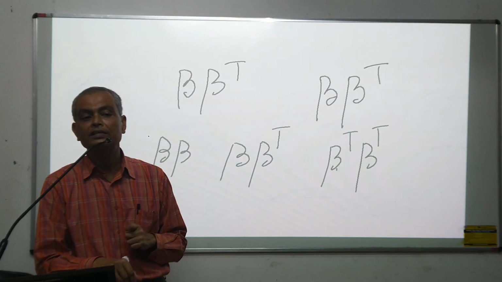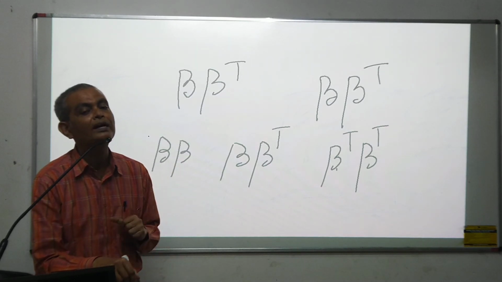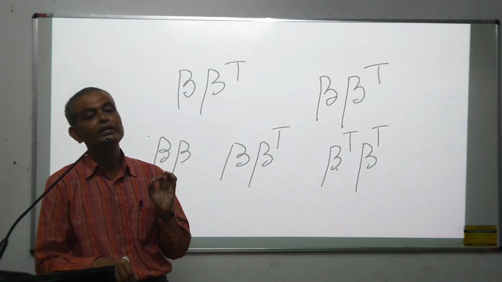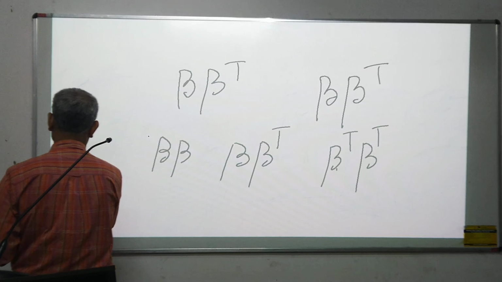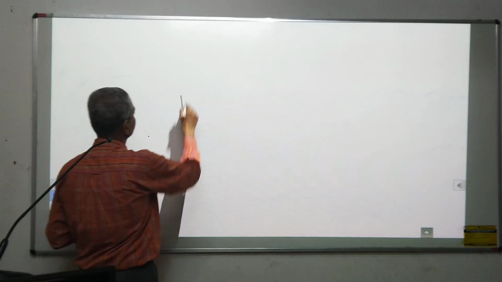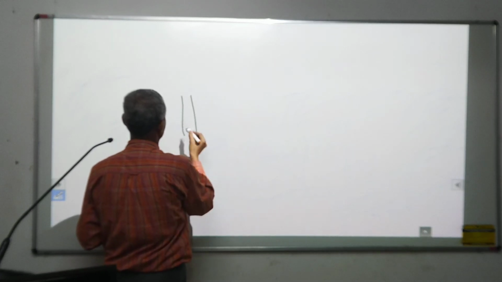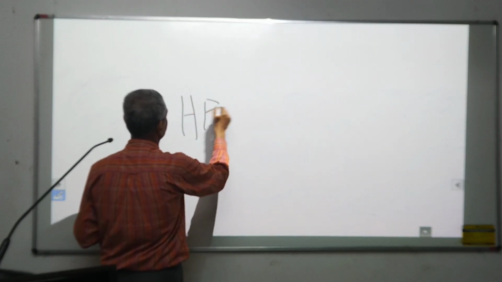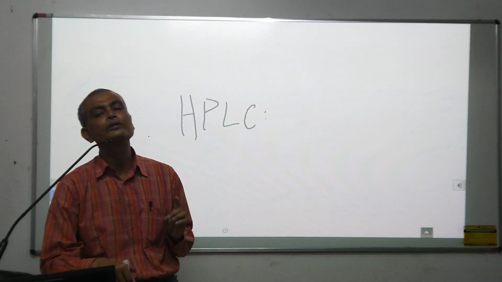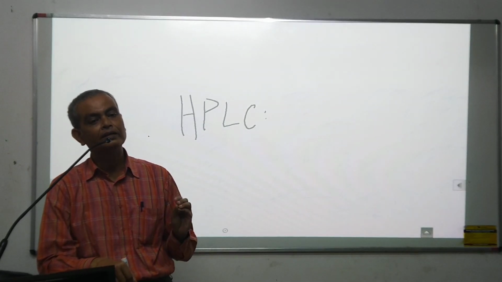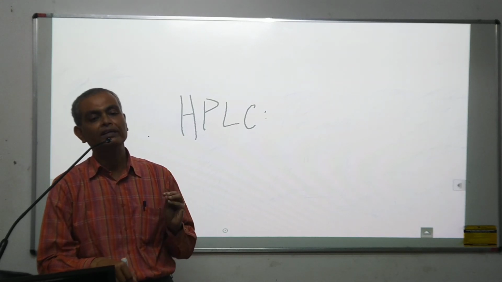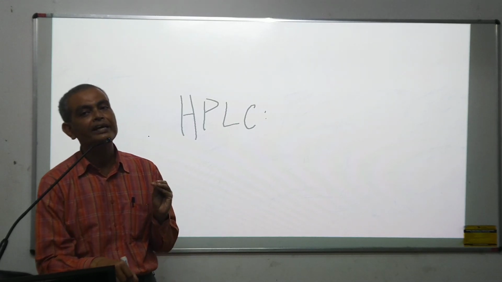How can you do this? Just do a simple test which is known as high performance liquid chromatography. This high performance liquid chromatography will demonstrate a particular type of hemoglobin, known as HbA2.